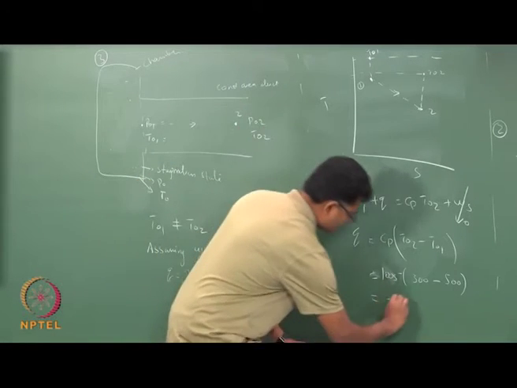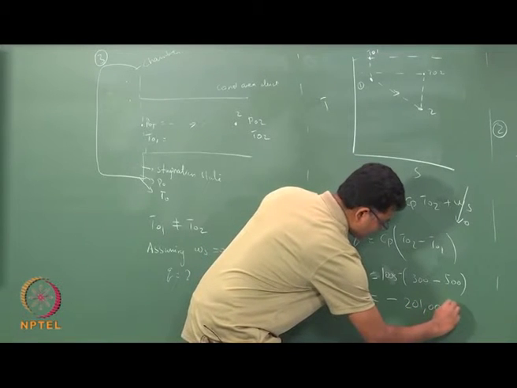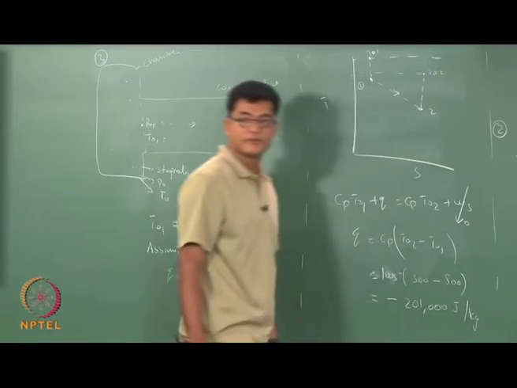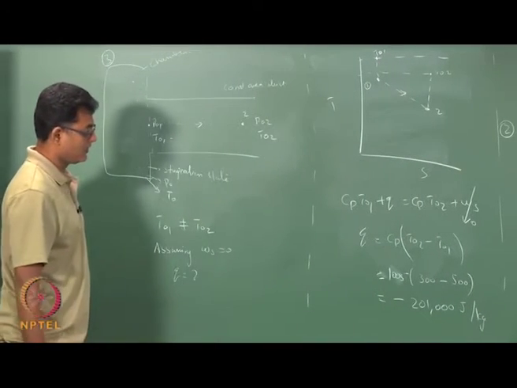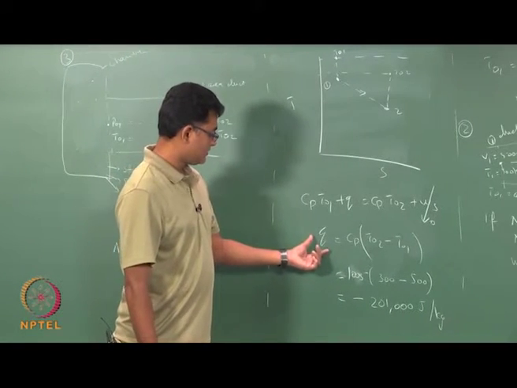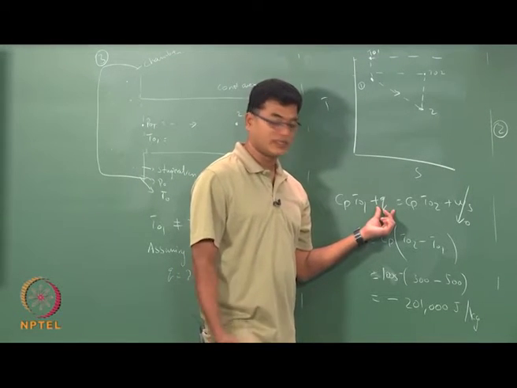This is minus 201000 joule per kg. So, this is a minus sign, which means, in this equation, Q is the heat supplied to the system.